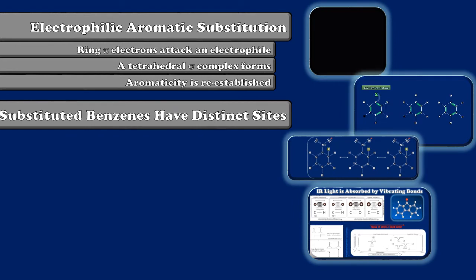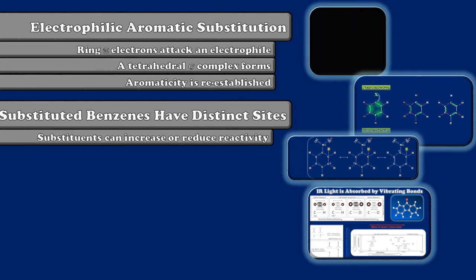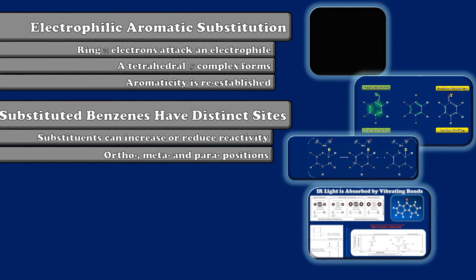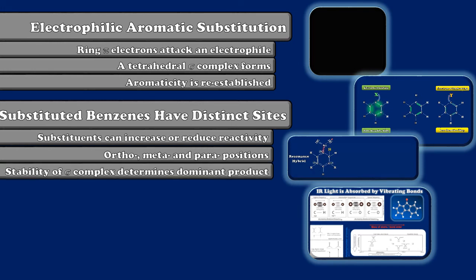We talked about how substituted benzenes have distinct reactive sites, and that substituents can either increase or decrease the reactivity of the ring depending on whether they donate or remove electrons from the ring. We also talked about ortho, meta, and para positions, and how we can have specific activation and deactivation at different sites, which can be analyzed using the resonance hybrid and used to predict which type of product should form.